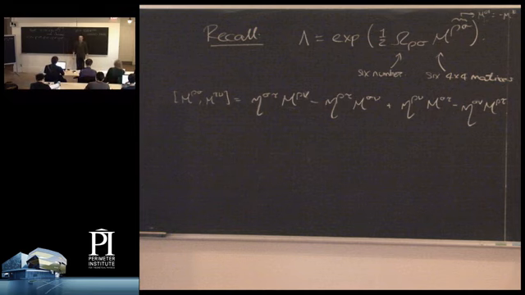What happens is there's a classification, for the Lorentz group, of these representations. The classification is in terms of spin 0, 1/2, 1, 3/2, and so on.